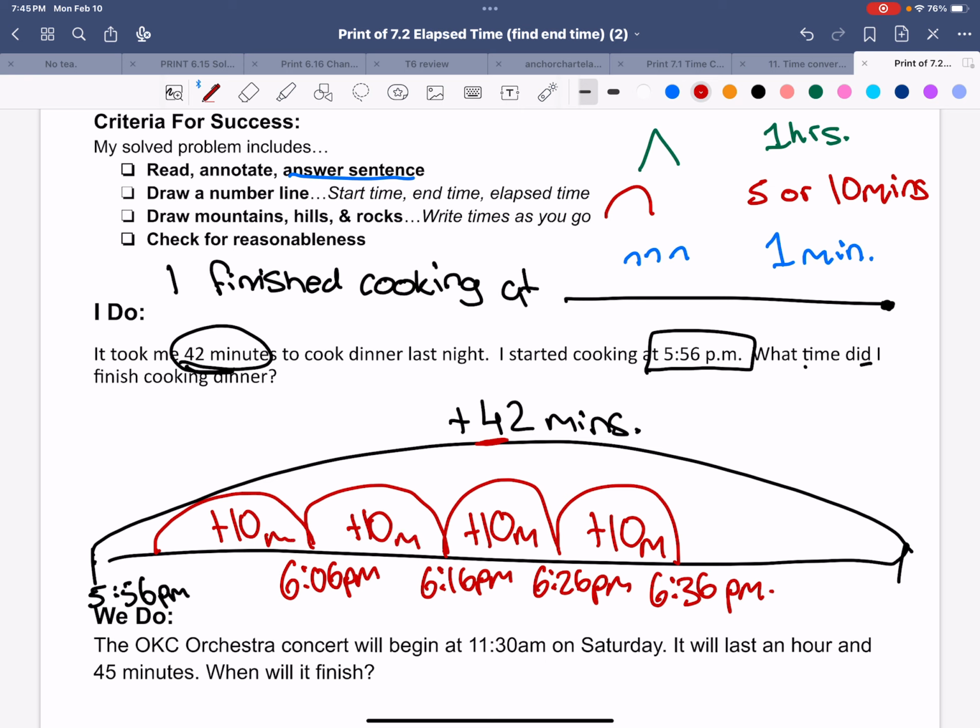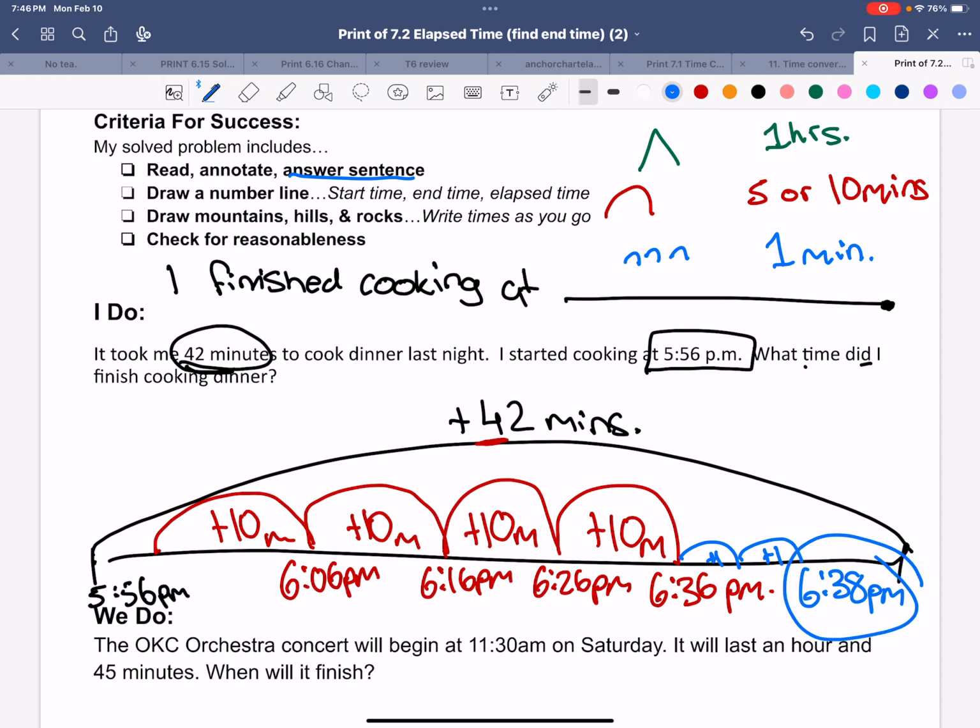I just need to add 2 more minutes, which means 2 little rocks. 1 and 2, plus 1 plus 1. So 36 plus 2 more minutes gets me to 6:36. Stamp the bottom number, 37, 38, 6:38 p.m. That would be my end time.